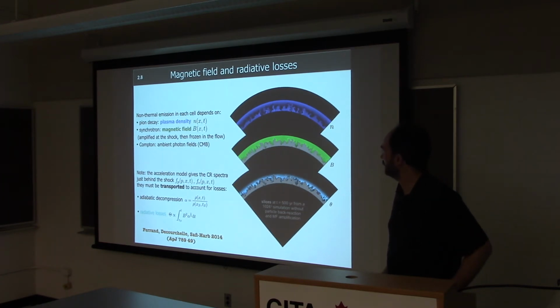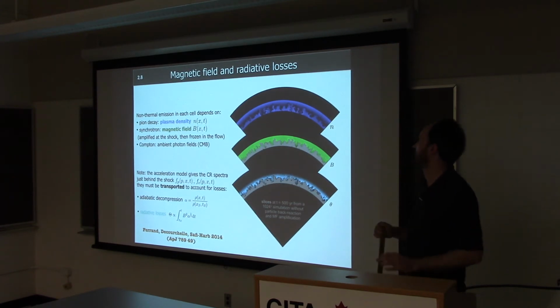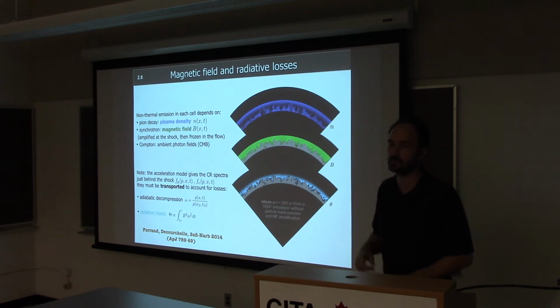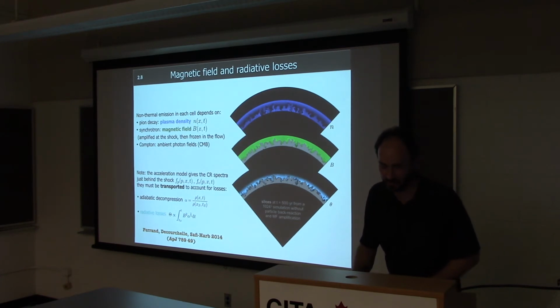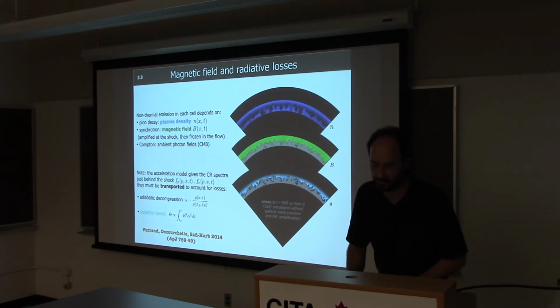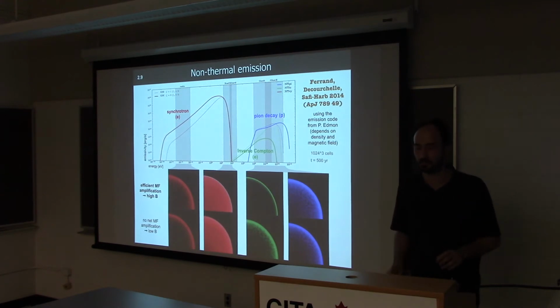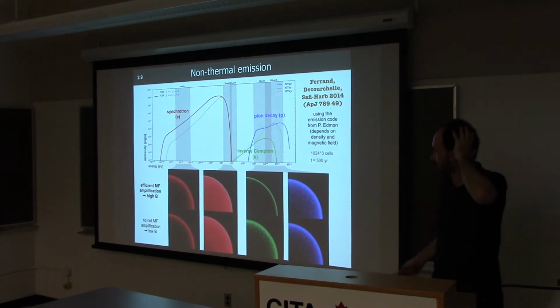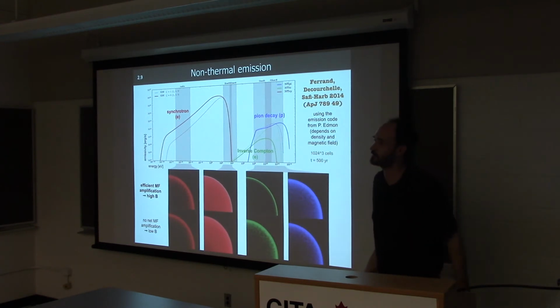And here you get another back reaction loop, in the sense that accelerated particles are known to be able to generate themselves magnetic field turbulence and enhance the magnetic field. I won't get into details here, because particle acceleration is not the subject of the talk today. But this is an example of a non-thermal broadband spectrum.